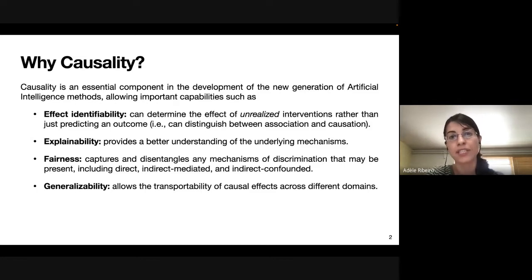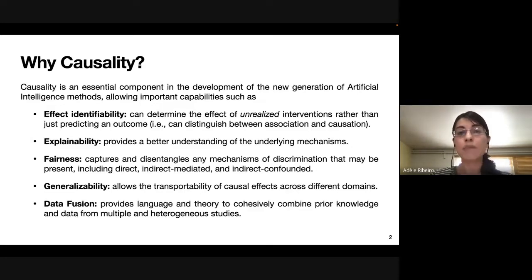They are valid for that specific population. But if you want to transport or generalize such results to another population, you need to understand the mechanisms and the disparities across these populations to then ensure the validity of the causal effect in the external population.